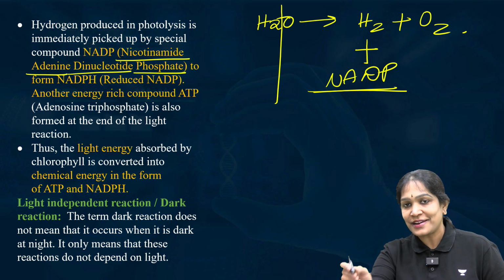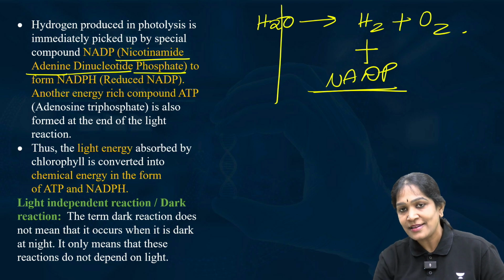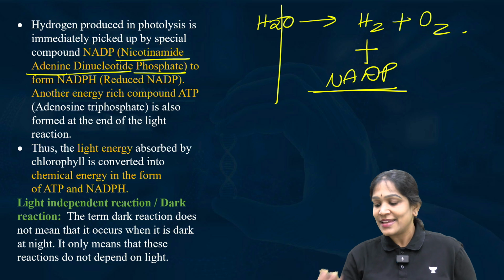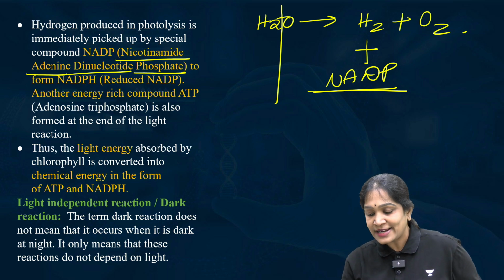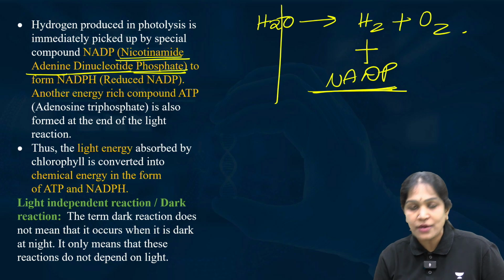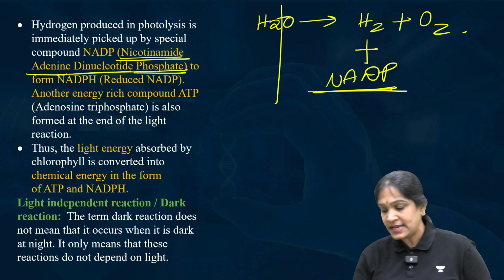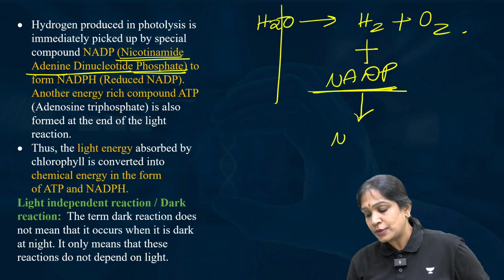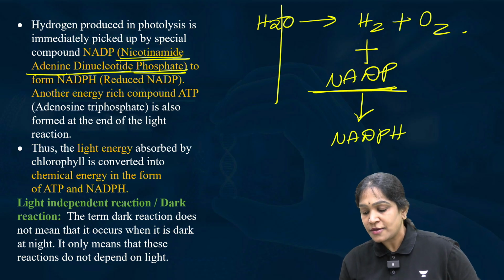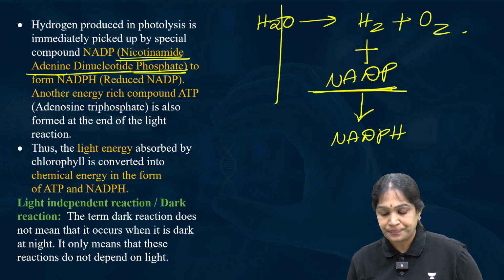If it sounds difficult for you, just a reminder, this is from just 10th class science NCERT. This hydrogen is added to NADP, then it will get converted into NADPH. NADP plus H forms NADPH.